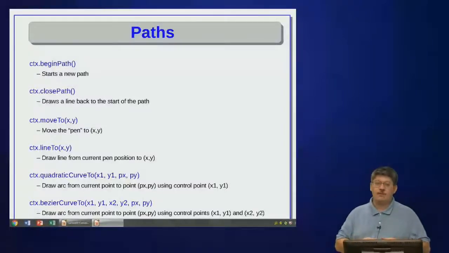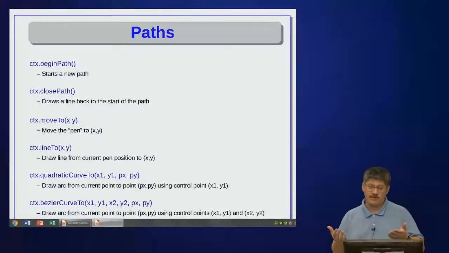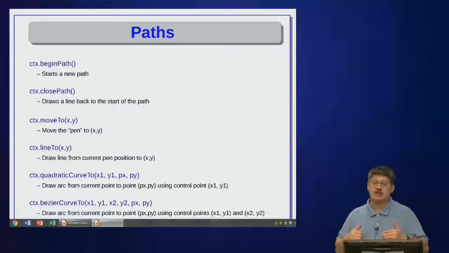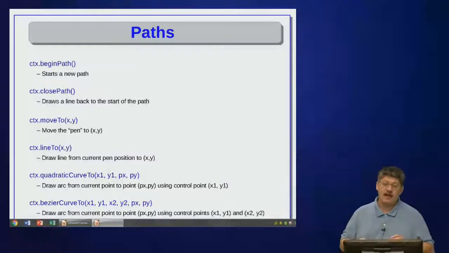So for example, if I want to have two shapes that are different colors, I have to call beginPath before I draw the first one and call beginPath before I draw the second one, or when I change the color the second time, it's going to change the color of both objects. If I want them to be distinct objects, I have to make them separate paths, and the way I do that is by calling beginPath. Kind of confusing. The important thing is every time you start drawing a new path or a new shape, you call beginPath, and that way the canvas knows that they're separate shapes.